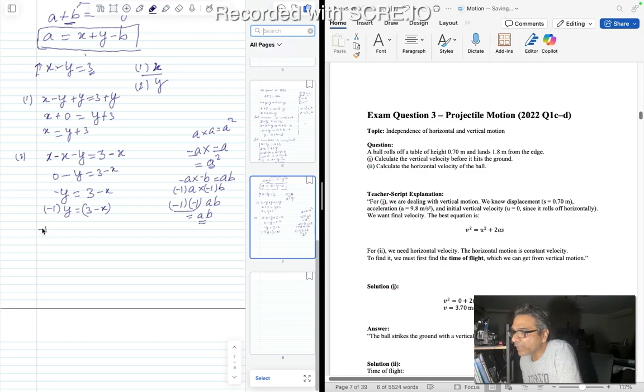Now I'm multiplying minus 1 on this side and minus 1 on this side, right? Understand? So this minus minus will become positive, so I'm just neglecting that. Y equals, so this minus 1 times 3 will be minus 3.